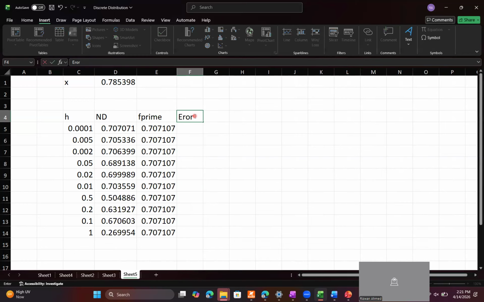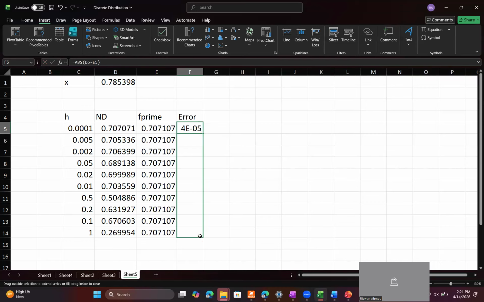And now the error calculation. So the error is equal to, let's look for its size, numerical approximation minus the exact value. So accurate to around 10 raised to the power minus 5, right?